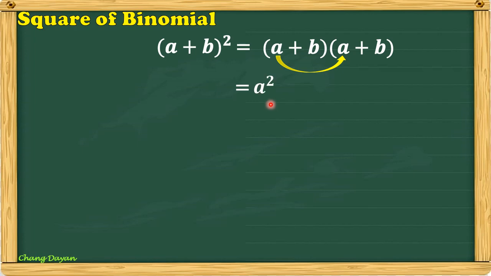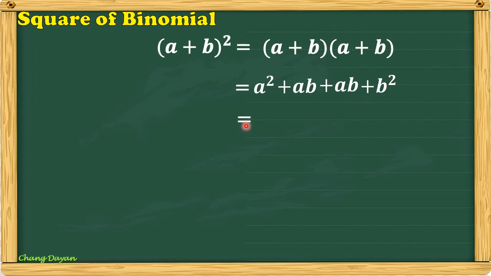Multiply the outer terms, a times b, and we'll get positive ab. Then multiply the inner terms, and we'll get b times a, ab. And multiply the last terms, b times b, and we'll have positive b squared.